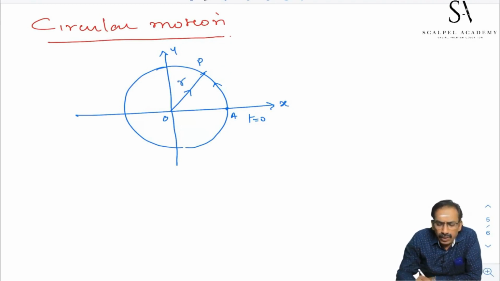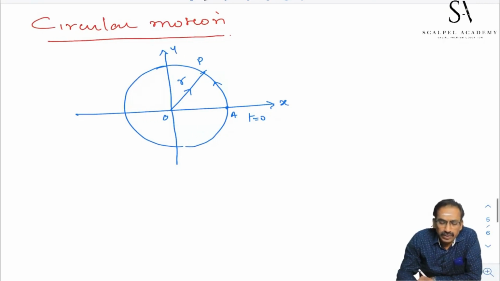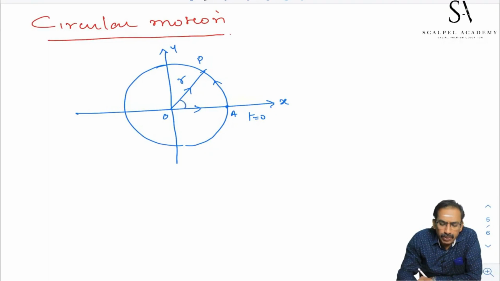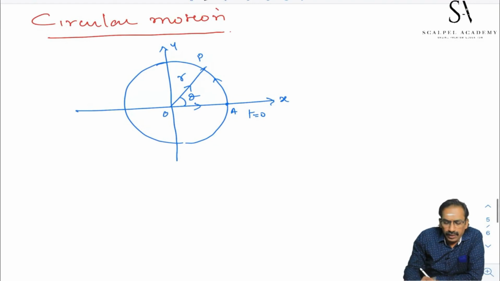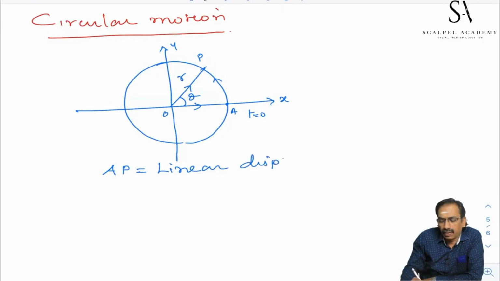The initial radius is along OA, the x-axis. The radius vector sweeps out an angle theta. Now AP is called the linear displacement, and theta is called the angular displacement.